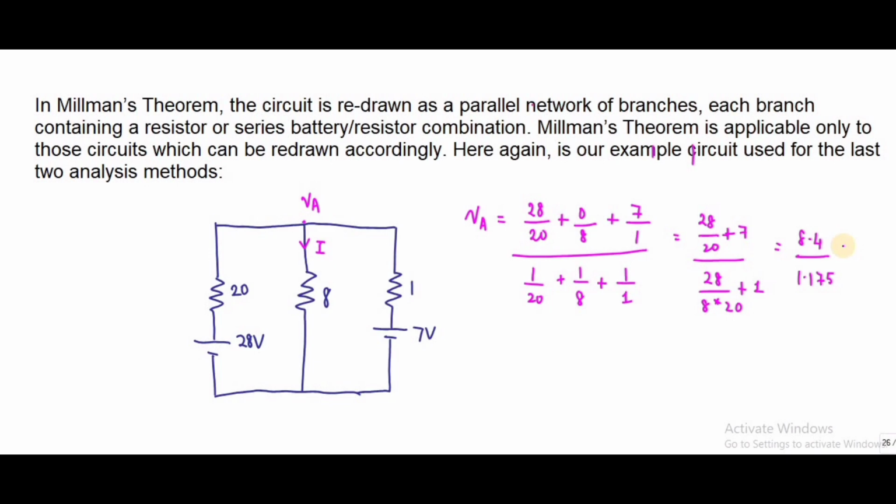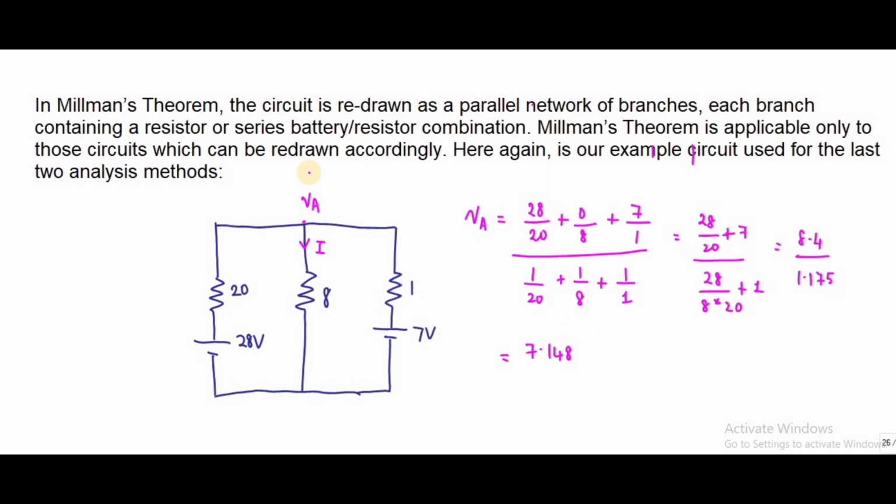So 8.4 divided by 1.175 is 7.148. So we have found the value of VA.